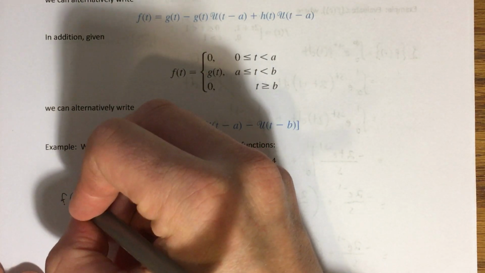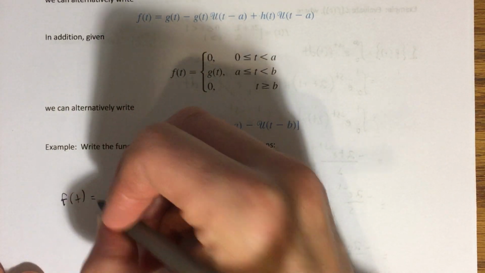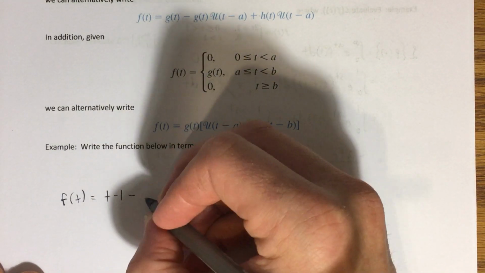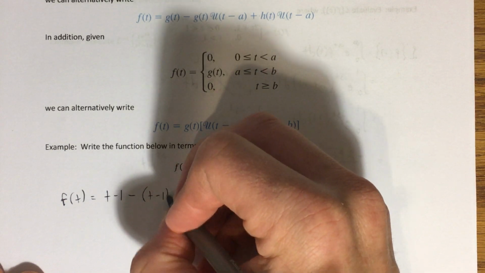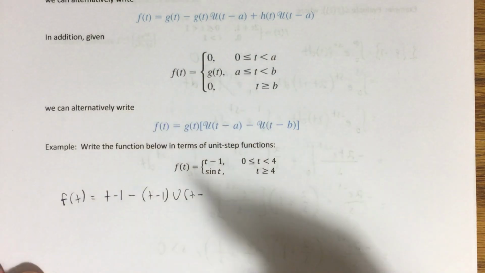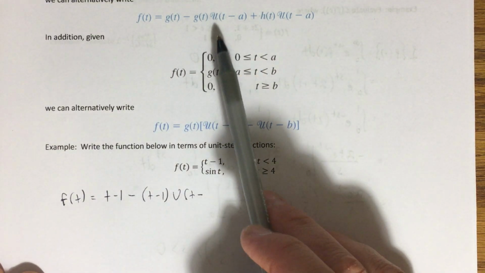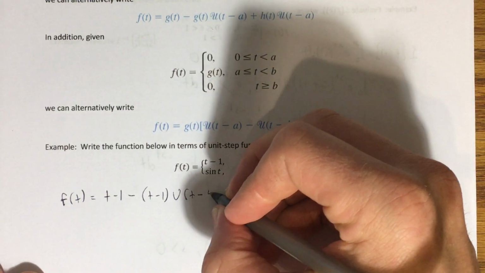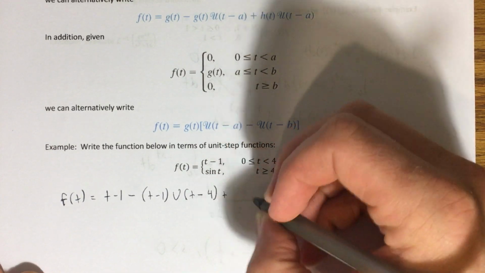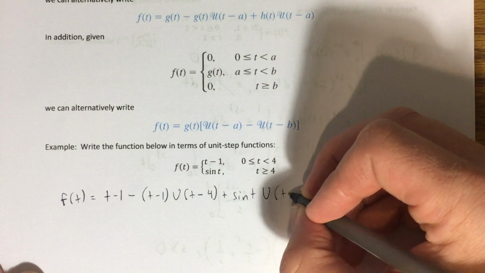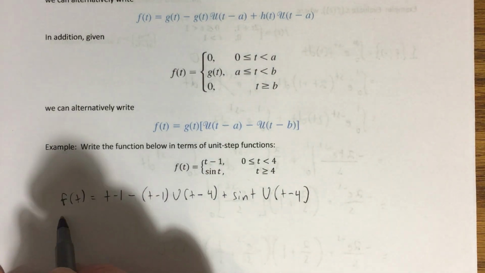In this case, f of t would be equal to g of t, which looks like t minus 1, minus g of t again, which is t minus 1, times my unit step function, u of t minus a, where it says t minus a up here, comes from here. Okay, 4 in this case, t minus 4, plus h of t, which is sine of t, times u of t minus 4 again. Okay, and that's it.